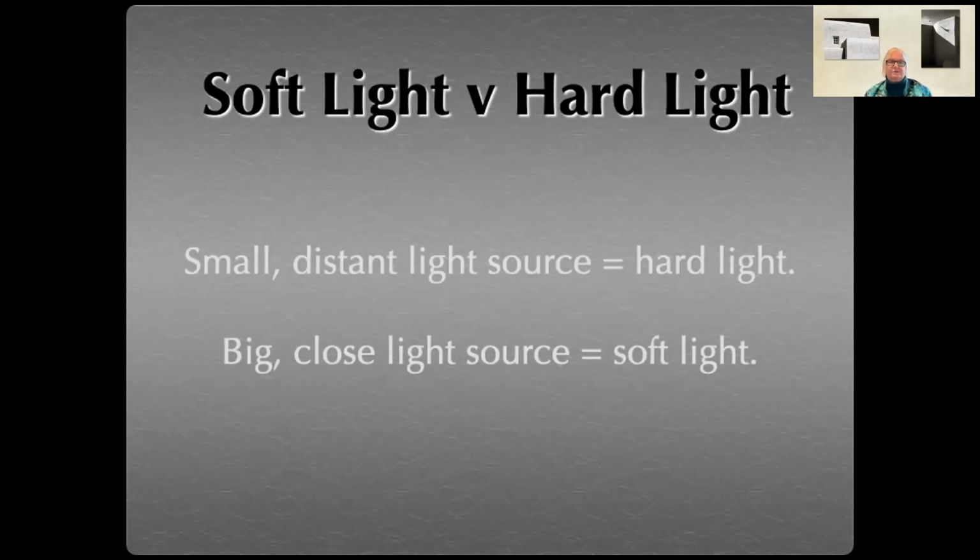And compared to our subject, it makes a hard light. Whereas when you get a cloudy or overcast day, all that cloud acts like a giant diffuser, and it softens the light and gives you nice soft light for outdoor portraits. So the important thing is the bigger the light source relative to the subject, the softer the light.